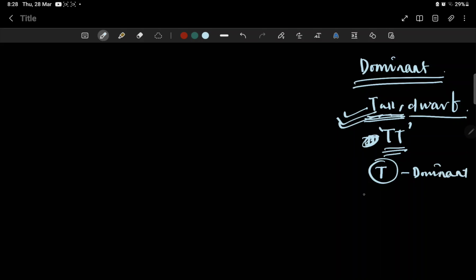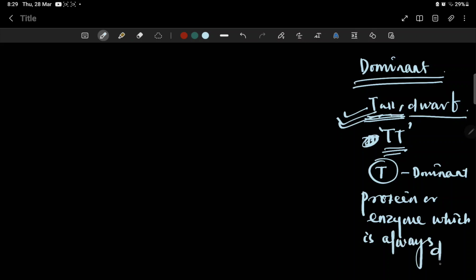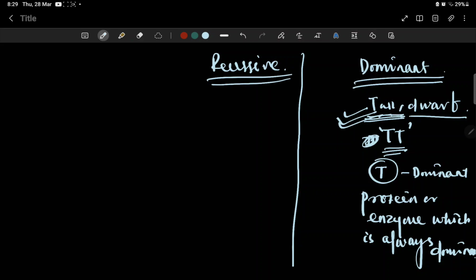So the dominant gene produces a protein or enzyme which is always dominant. Now comes the recessive gene which produces a recessive character. That does not mean recessive is not expressed.